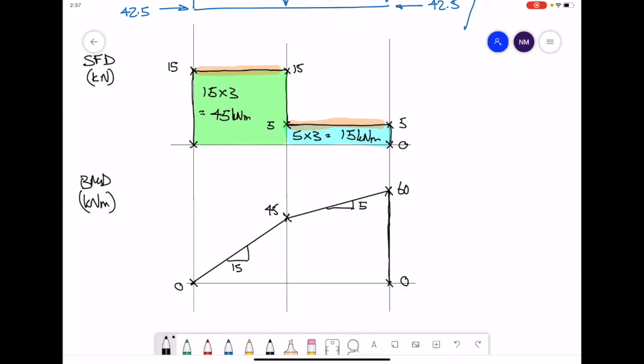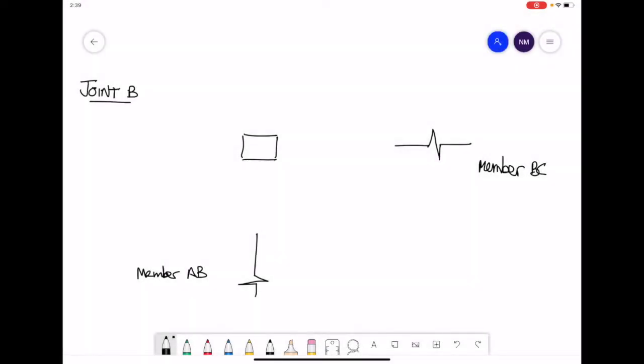Now let's go forward and consider the first joint. When we're considering our first joint, in this case joint B, we're going to look at the load condition at the end of member AB. This time I've turned it round to the vertical, but we should still have the same load condition.